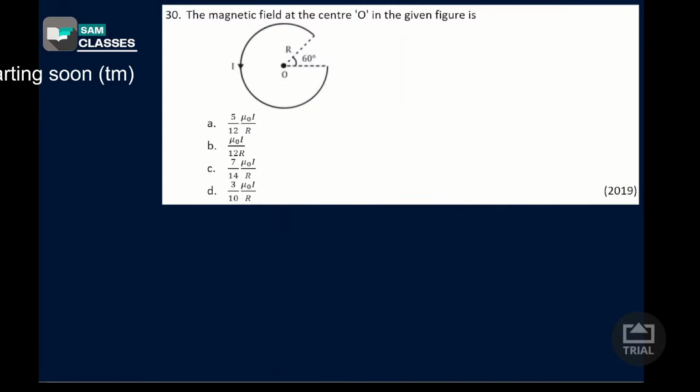Let's see, a lot of people have written B as the answer. What about others? The magnetic field at the center of the figure is given by the magnetic field at the center.